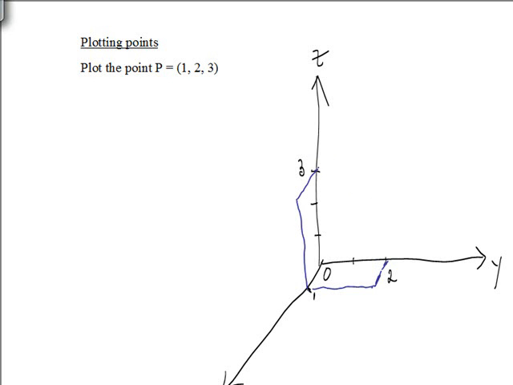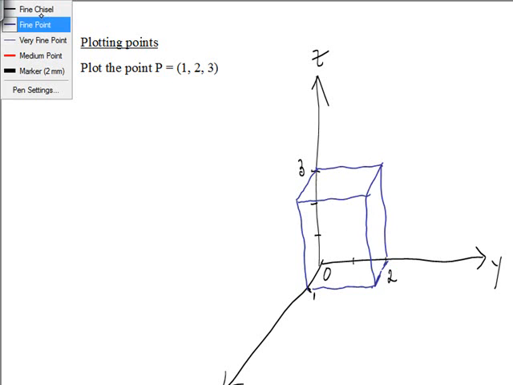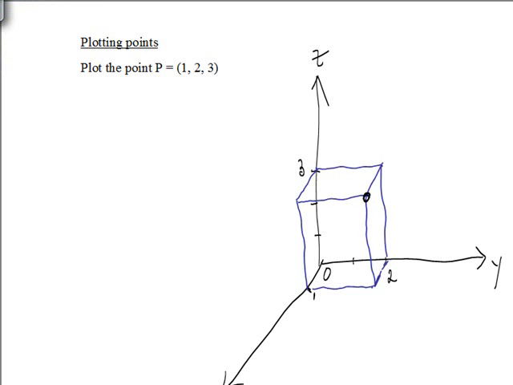And then do the same thing here. Like that. And then this point here is your point P, (1, 2, 3).